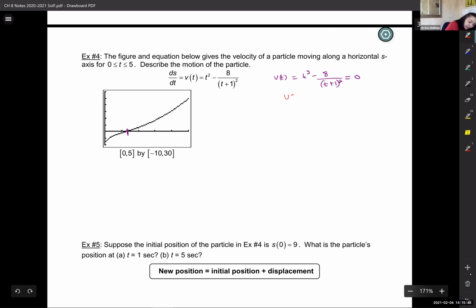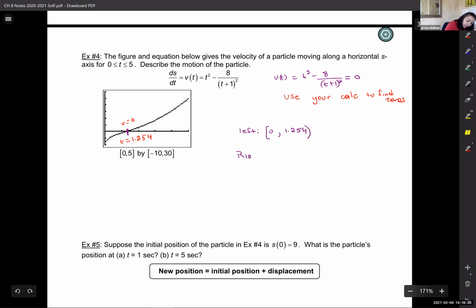So what you want to do is use your calculator to graph and find the zeros. It just so happens that this is at t equals 1.254. This is where the velocity is 0. So now I can say the particle is moving to the left, where the velocity is negative, from 0 to 1.254.